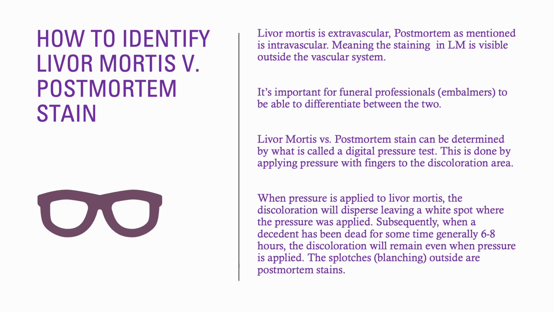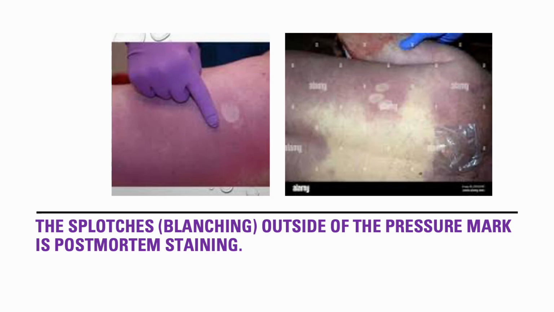As stated above, there is often confusion in distinguishing between livor mortis and postmortem staining. Livor mortis is extravascular and is able to be treated with embalming. However, postmortem stain is intravascular and is therefore not treatable with arterial injection due to the fact that the stain is outside the vascular system. One method embalmers can use to tell the difference between the two is by performing what is called the digital pressure test.